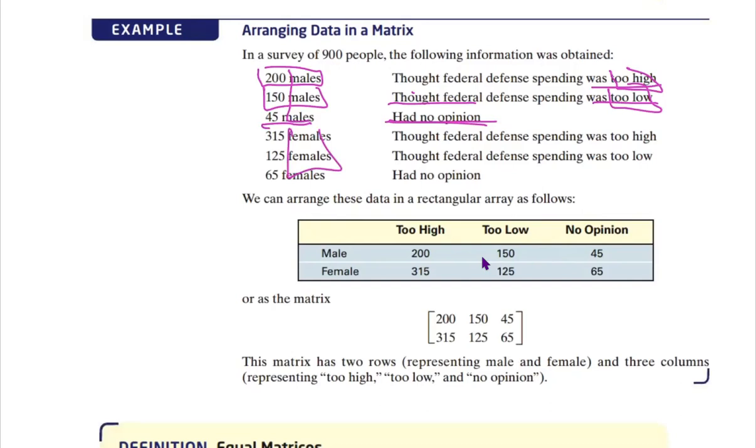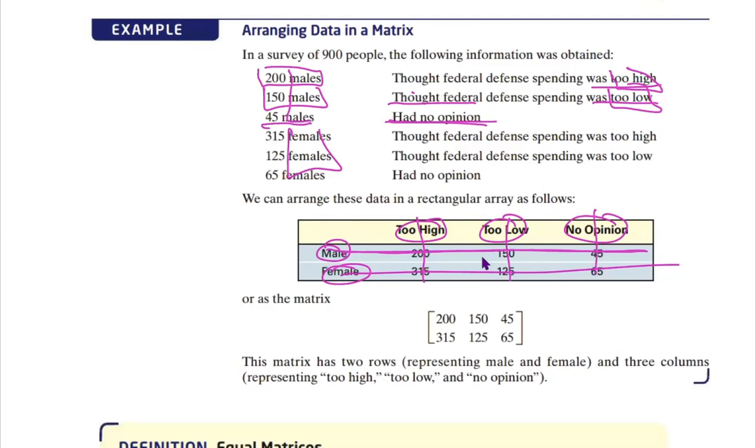Well, when you come here, you see the too high, too low, no opinion, and male, female. The rows will be the categories: the first row will be everything about male, the second row everything about female, and the columns are the characteristics.